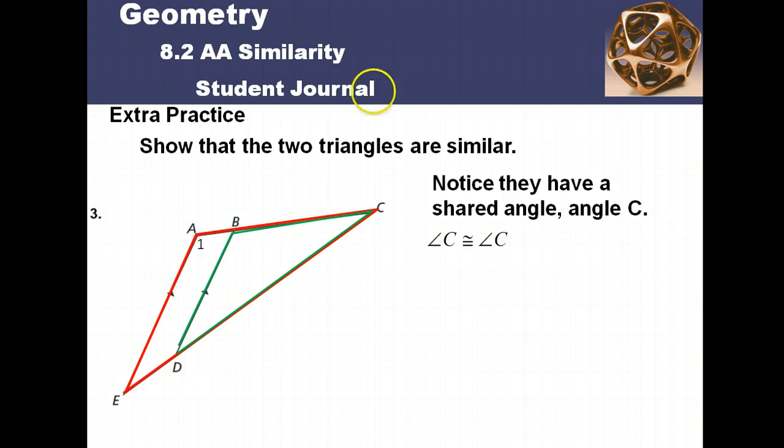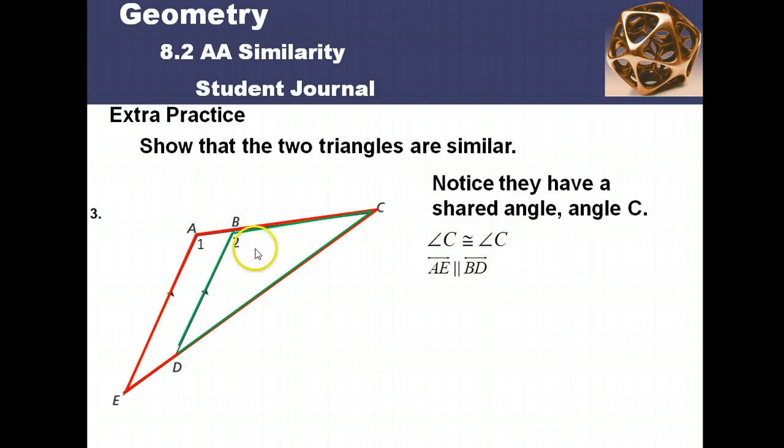Okay, next I'm going to call this angle right here angle 1, and this angle here angle 2. And I know that line AE is parallel to side BD. Remember, that's what these arrows mean, so that means they're parallel to each other. So remember, angle 1 and angle 2 are a special angle pair.